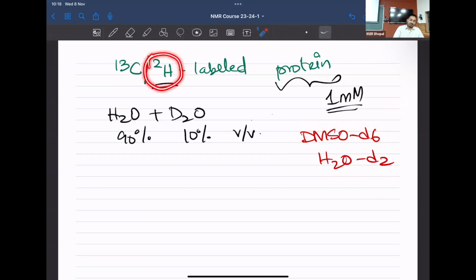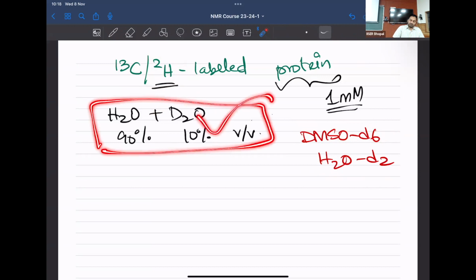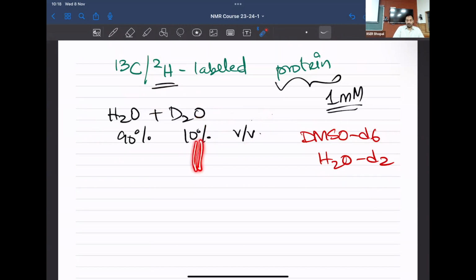He's trying to ask a similar question when you have deuterated protein and solvent. In this case, it's a clear, obvious solution to take the deuterated solvent, because if you convert to the concentration of 10% D2O volume by volume, it's going to be significantly higher than the 1 millimolar protein that you had. You would always tend to go with the deuterium concentration that's higher.